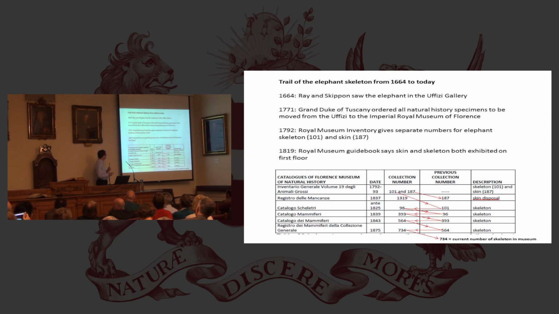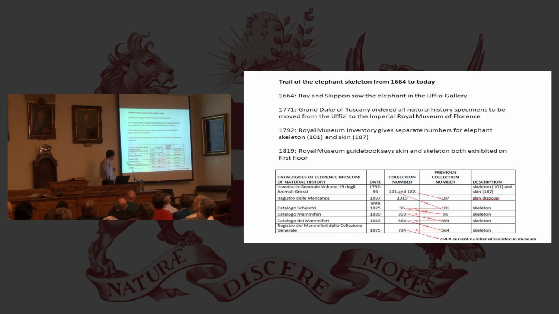Well, there's no skin in the museum at the moment, but what our colleagues found looking back in the original notes was that the earliest they could trace it back to was 1792, where the skeleton had the number 101 and the skin was there with the number 187, but that it is recorded that in 1837 the skin was disposed of, so that explains that.